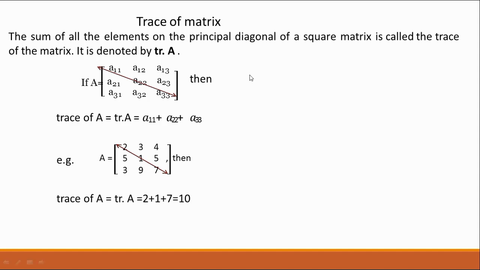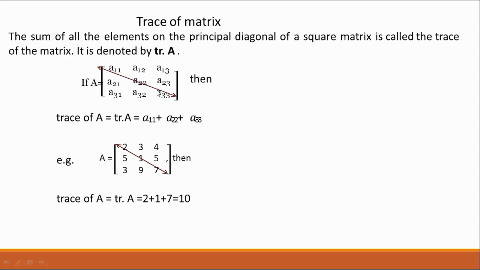Now, what is the trace of a matrix? The sum of all the elements on the principal diagonal of a square matrix is called the trace of the matrix. That means if we add the elements of the principal diagonal, then we get the trace of the matrix. For example, in this matrix, A11, A22, A33 lie on the principal diagonal.